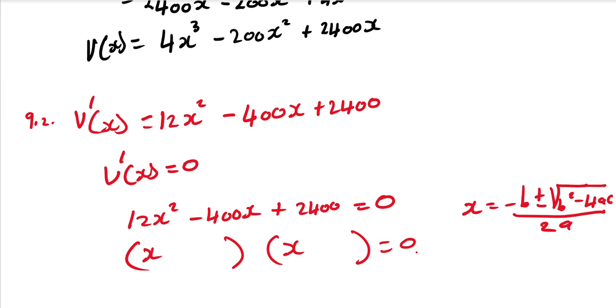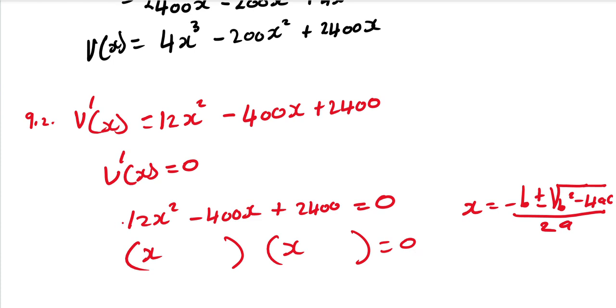So let's substitute it. Punch your calculator. I will also punch mine. Minus b, our b is negative 400, then plus square root of negative 400 squared minus 4, our a is 12, our c is 2,400, and then all over 2a. My a is 12.